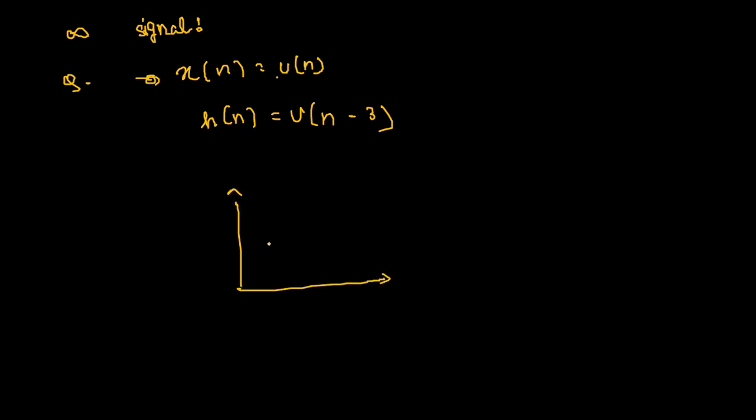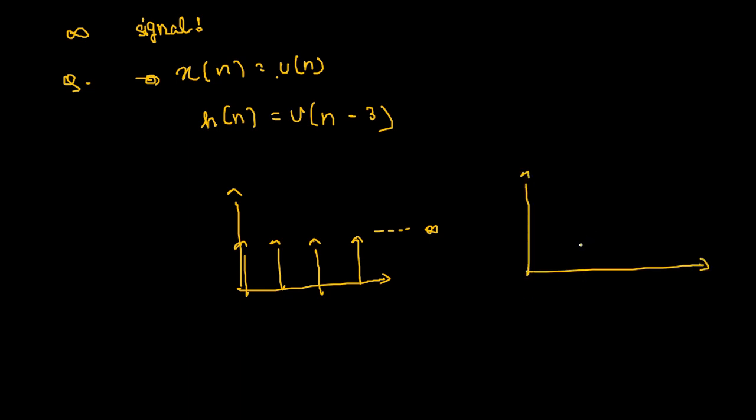Here let's take x of n is equal to u of n, and h of n is equal to u of n minus 3. u of n means the value is 1 at all integral values all the way to infinity, and u of n minus 3 means the unit step function has been shifted 3 units to the right.